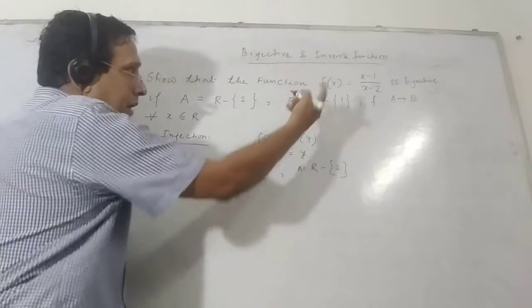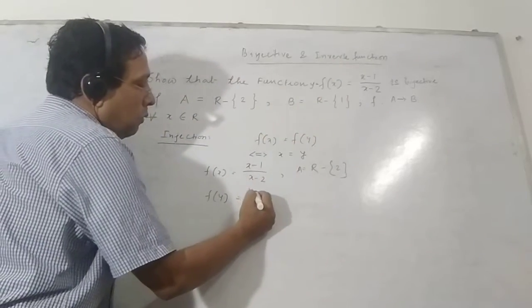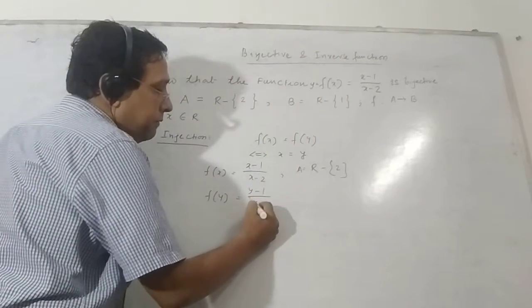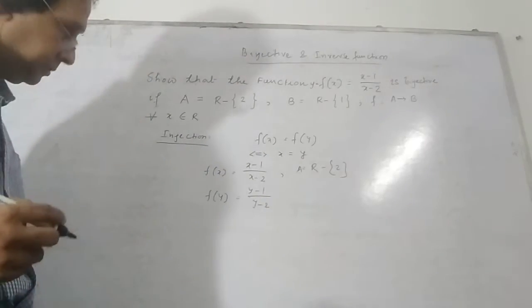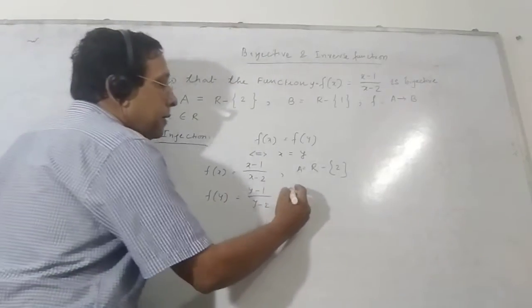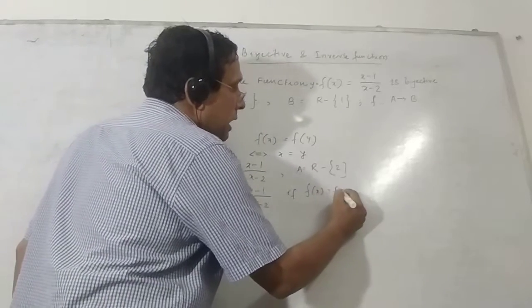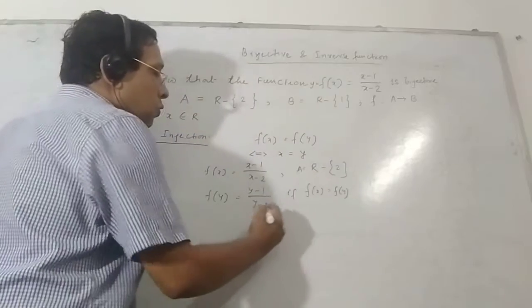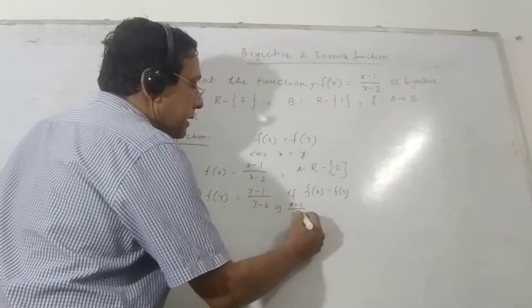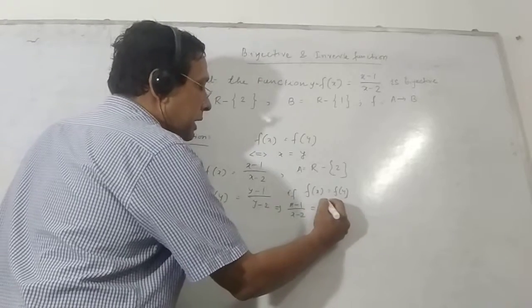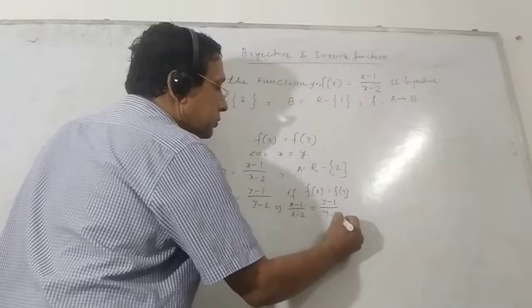So for f of y, suppose y, it is y minus 1 divided by y minus 2. I will just substitute it like the previous sums. So if f of x is equal to f of y, we can write x minus 1 divided by x minus 2 is equal to y minus 1 divided by y minus 2.